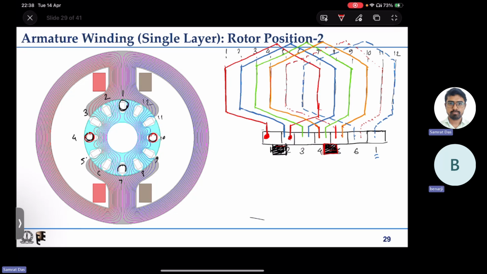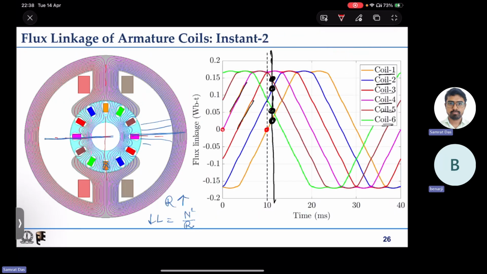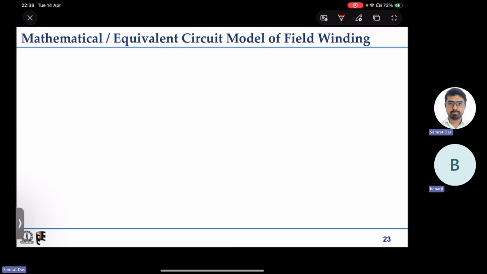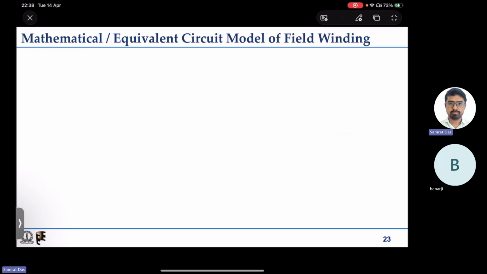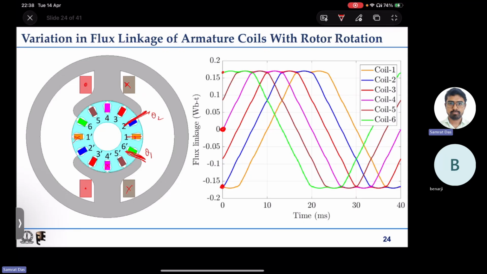Sir, though the induced EMF is a quasi square wave, but the current is continuous, right? Which case do you want to discuss? Is it the motor or generator or both?